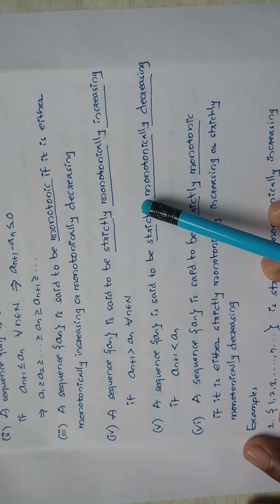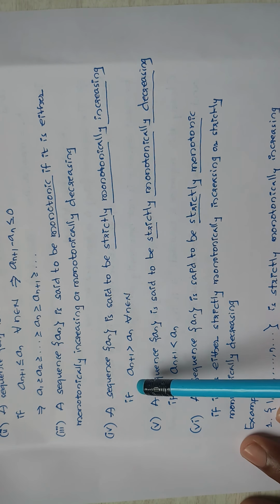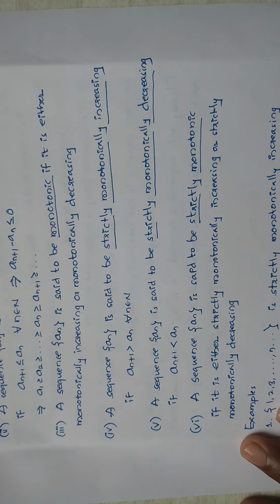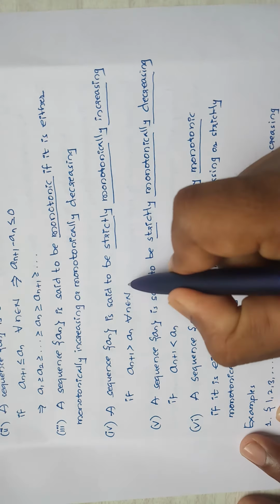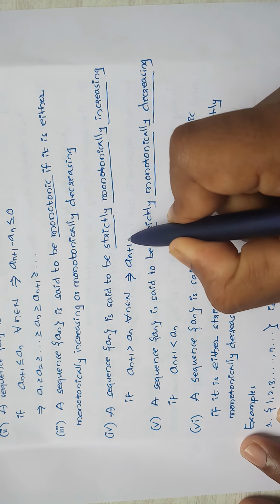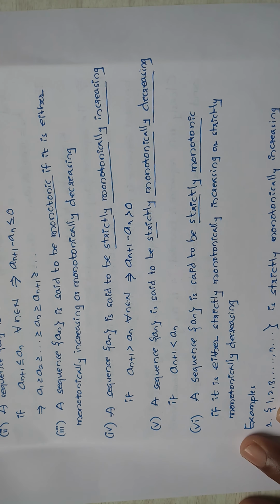The next concept: a sequence a_n is said to be a strictly monotonic increasing sequence if a_(n+1) is greater than a_n for all n belongs to N. This can be expressed by subtracting a_n from both sides, so a_(n+1) minus a_n is greater than 0.